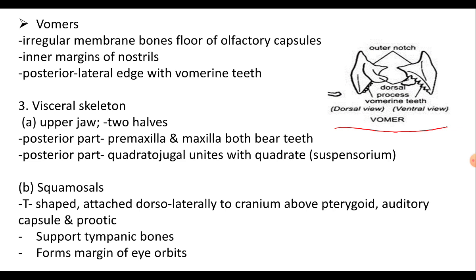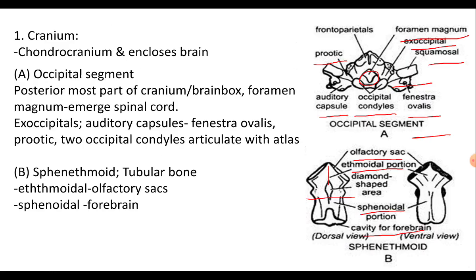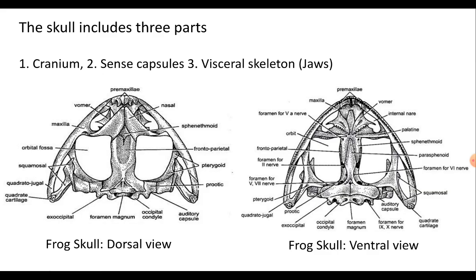Coming to the squamosals, these are T-shaped or hammer-shaped bones attached dorsolaterally to the posterior end of the cranium above the pterygoids. For this, you have to look at the ventral side of the skull.